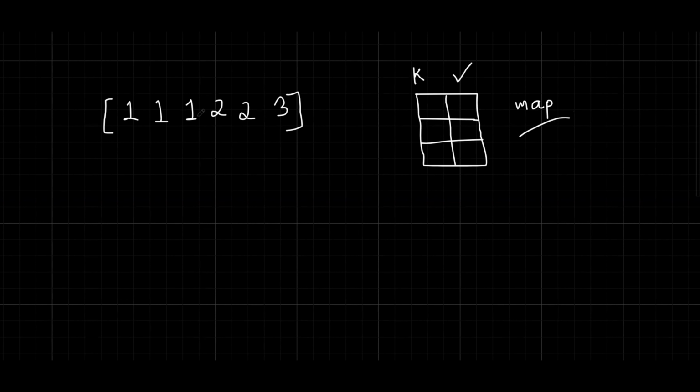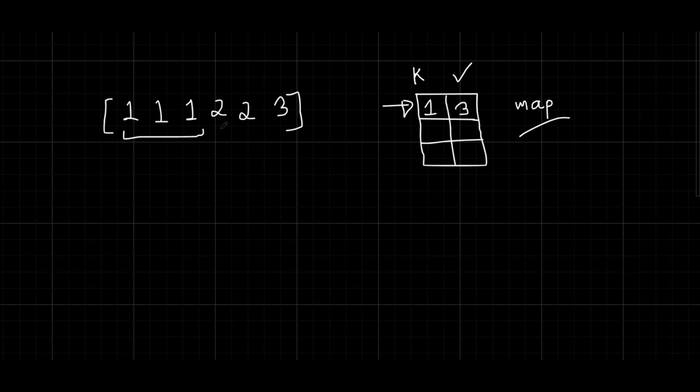So here at first, the key will be the first element 1. Now the value will be the number of occurrences of this specific element, which is 3. So here the first entry of the map is 1 and 3, where 1 is the element, which is this 1, and 3 is the frequency of this 1.